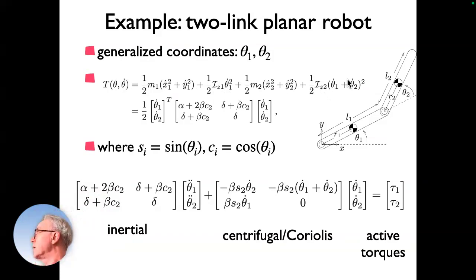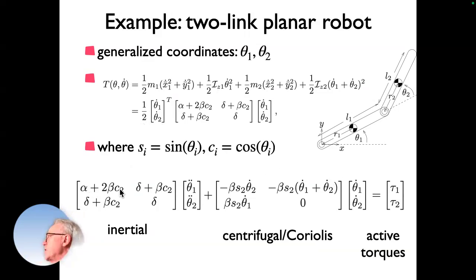And then the same thing for the other segment, where the effective angle is the sum of these two joint angles. There's a general way of writing that. And again, you just take the derivative, apply the Lagrange formula, and you get this kind of equation.